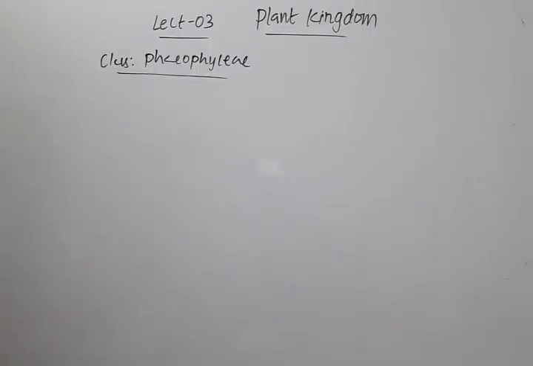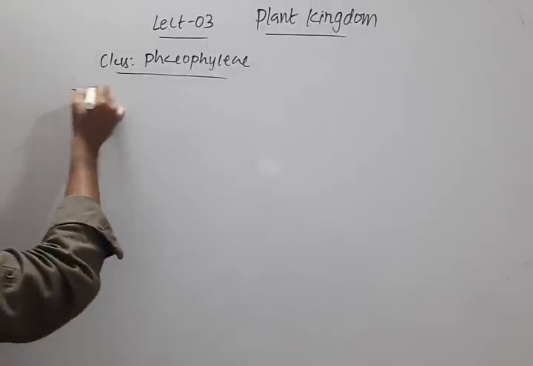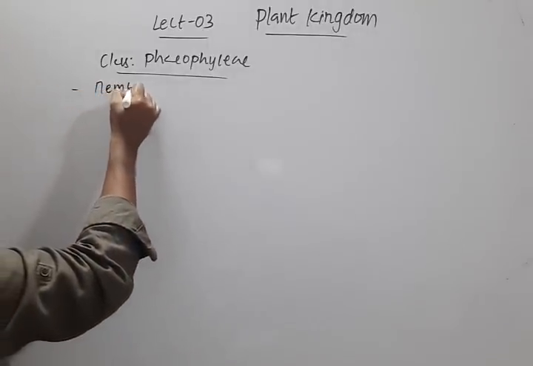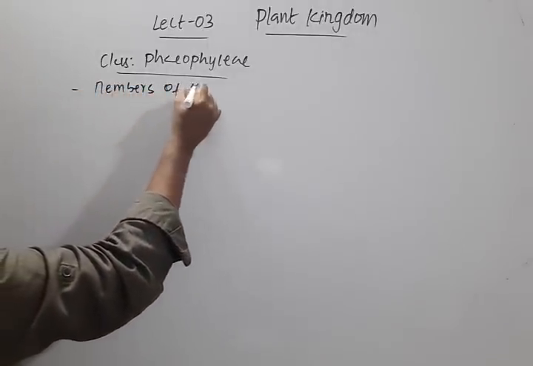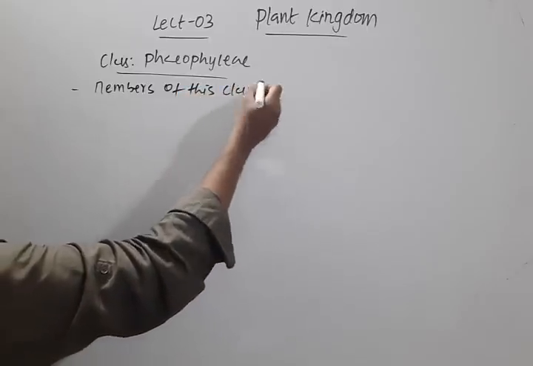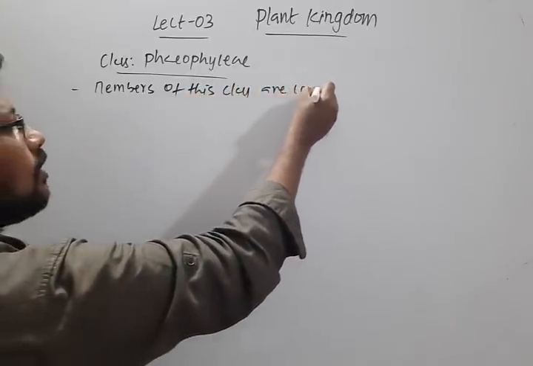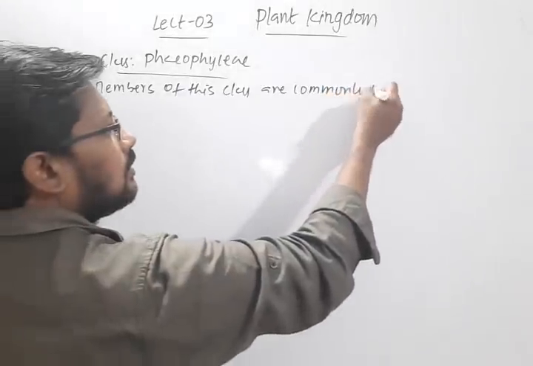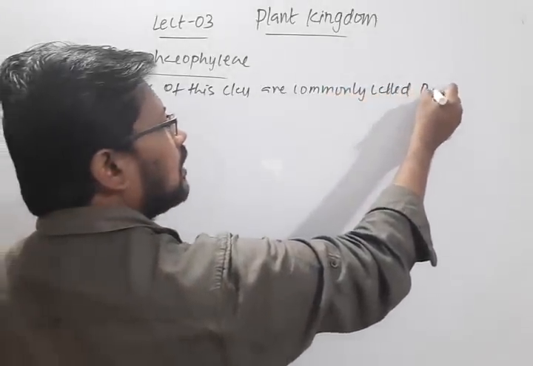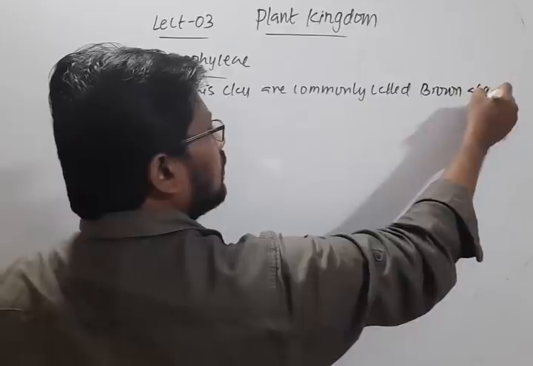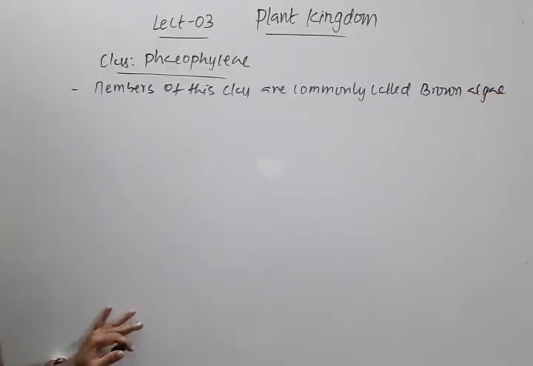We have already seen the class Chlorophyceae. Now the first point: members of this class are commonly called brown algae. Later I'll tell you why they are called brown algae.